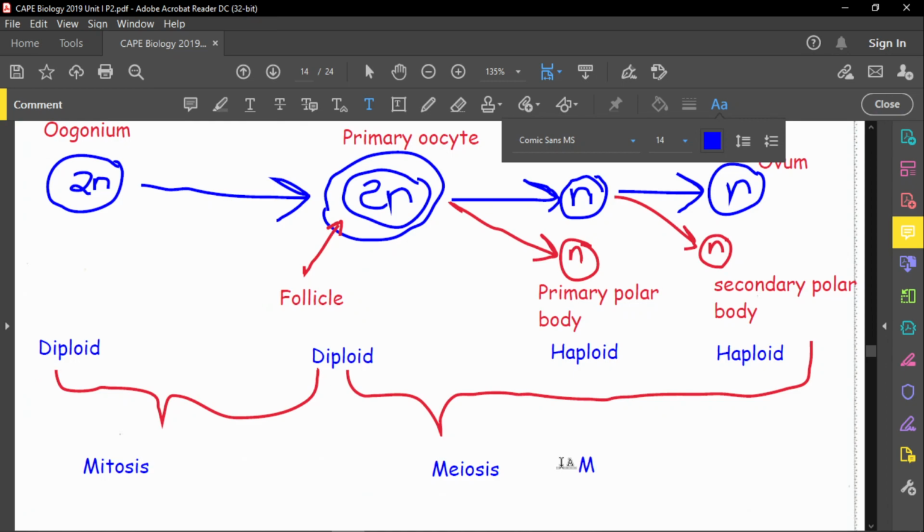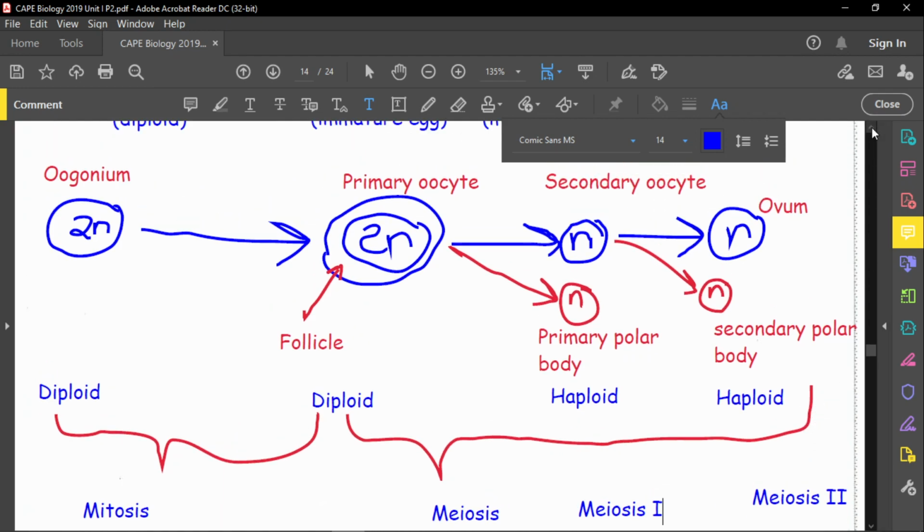So this will be our meiosis 1. And by the end of this, we're going to produce the ovum. So by the end of meiosis 2, that is when you'll have our ovum, which is a mature egg cell.